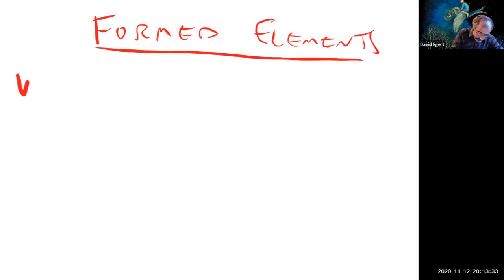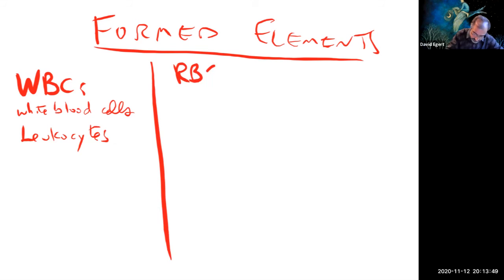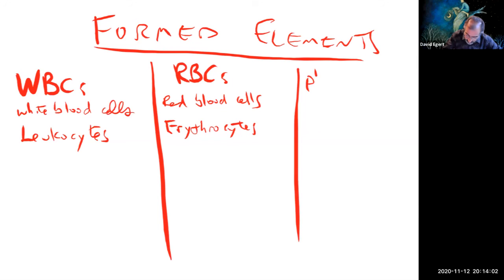There's going to be WBCs, the white blood cells, also known as the leukocytes, the RBCs, red blood cells, also known as the erythrocytes, and the platelets.